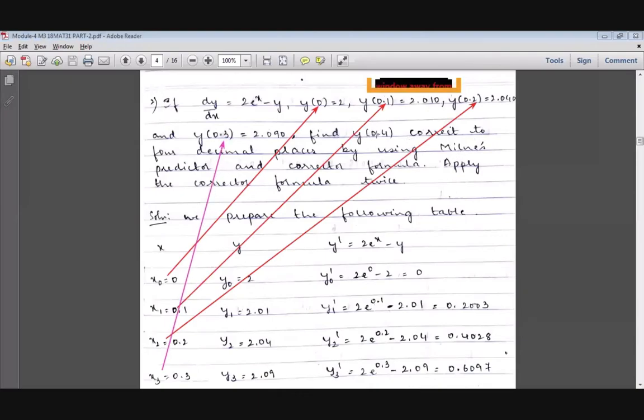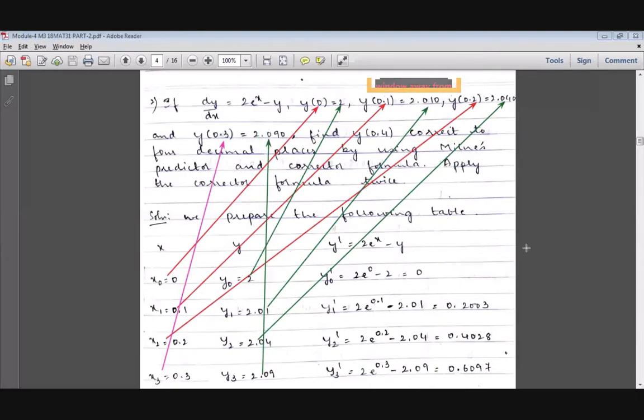Okay, x4 is 0.4 only. Next, y0 is this, y1 is this, y2 is this, then y4 is this, sorry, y3.